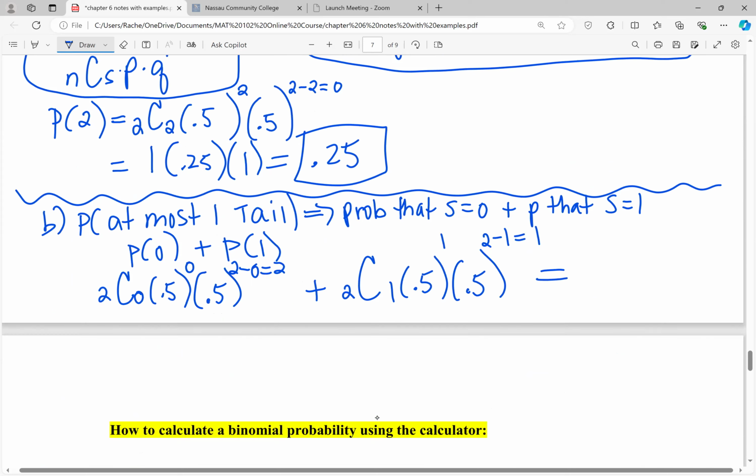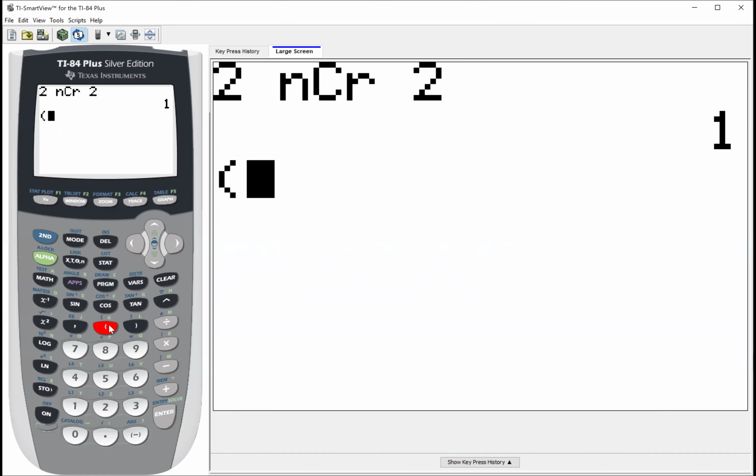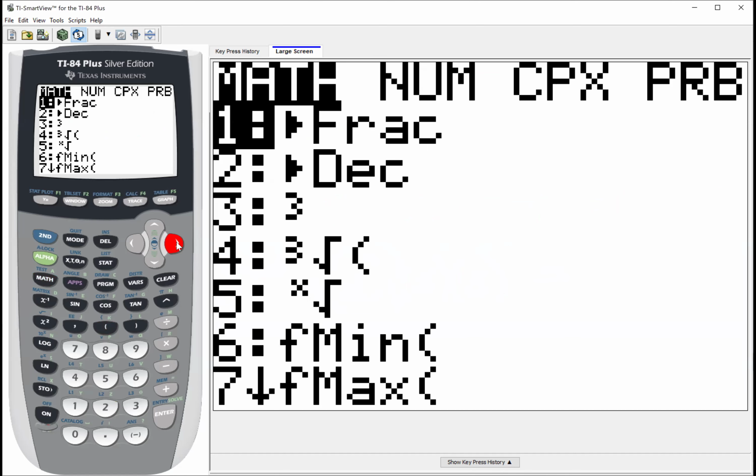So let's plug this into the calculator. So let me show you how you can plug this into the calculator all at once. We don't have to do it in separate pieces. Just make sure you have parentheses around each part of the multiplication. That's it. So let's go to the calculator. We'll do this together. So open your parenthesis. First, we're going to do 2 choose 0. So I'm going to type in 2. Then I have to choose my combination, right?